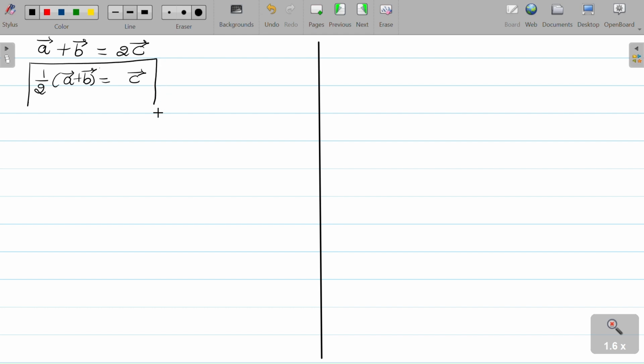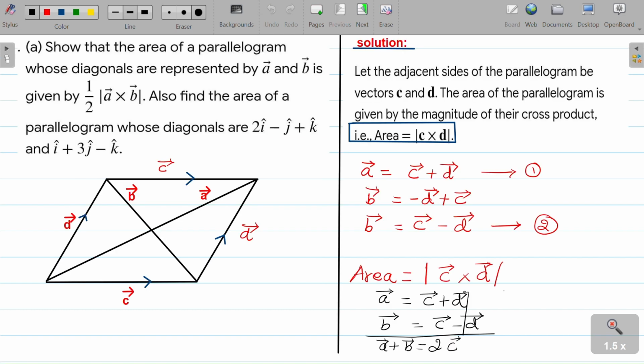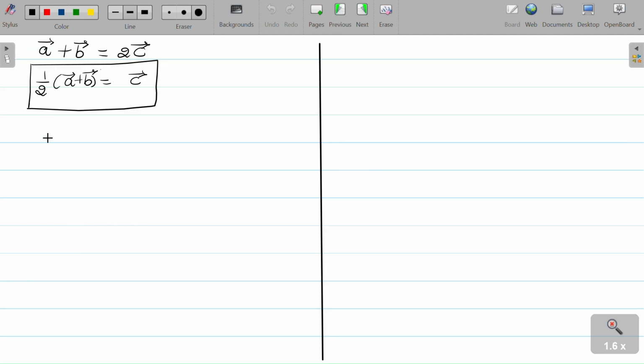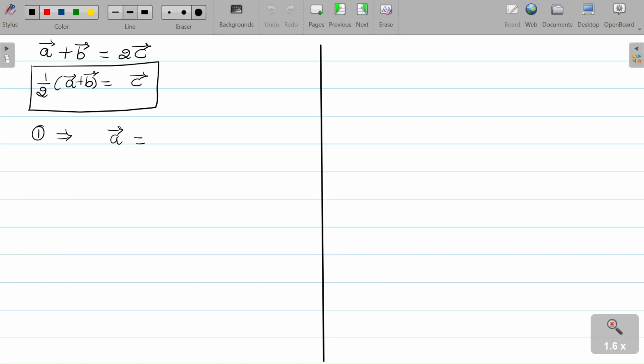In parallel we can find the d vector. What is d vector? If you substitute the value of c vector here, we will get d vector. I am taking the first equation: a vector is equal to c vector plus d vector.